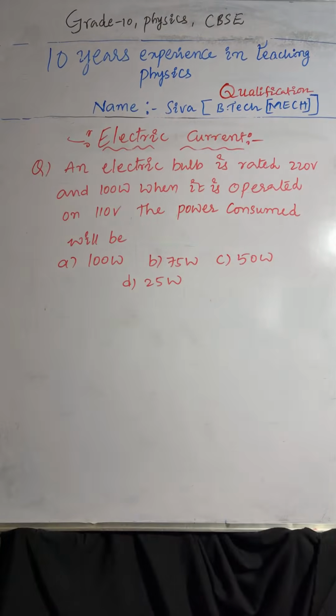So let me know the answer. So which one is the correct answer? Check once and let me know the answer. An electrical bulb is rated 220 volts and 100 watt. When it is operated on 110 volts, the power consumed will be.